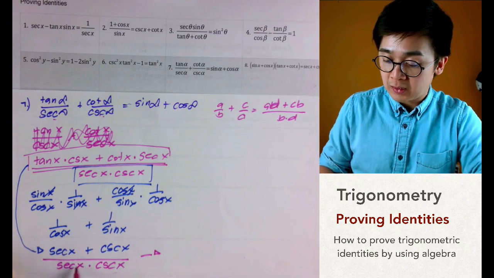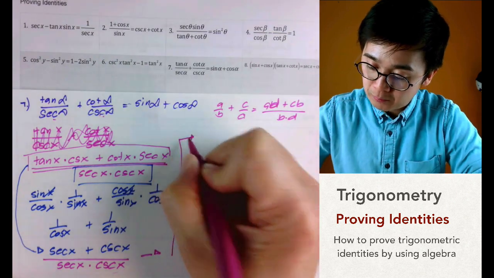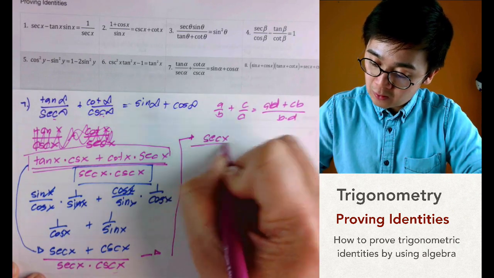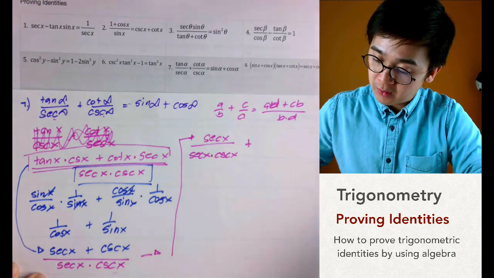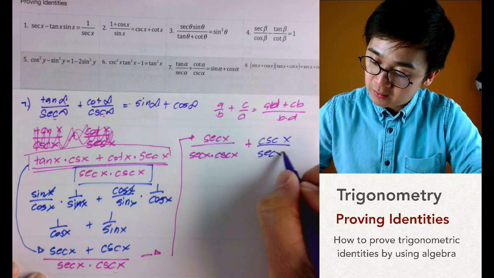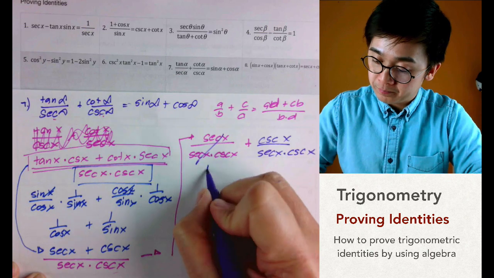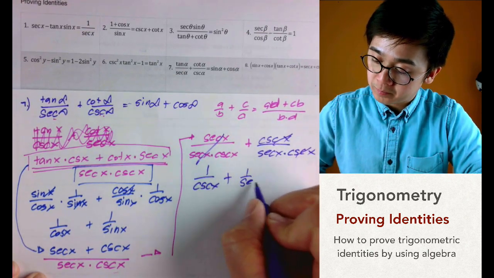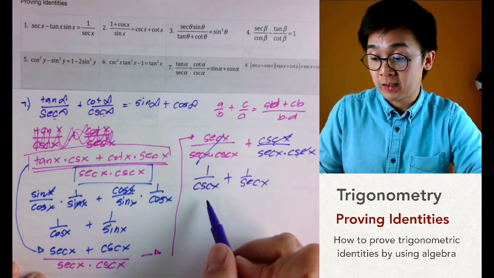And back to my denominator, I'm going to divide it by secant x times cosecant x. And since this one is just a single term, I can separate this into two. So I'll have secant x all over secant x times cosecant x plus cosecant x all over secant x times cosecant x. And now I can cancel out the secant and the cosecant. And I know that the inverse of cosecant is sine.